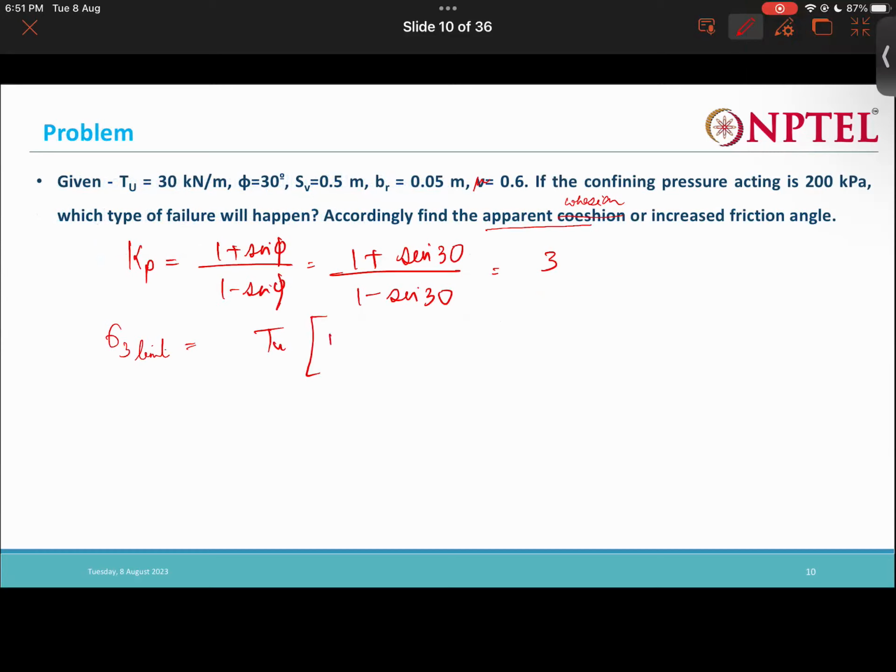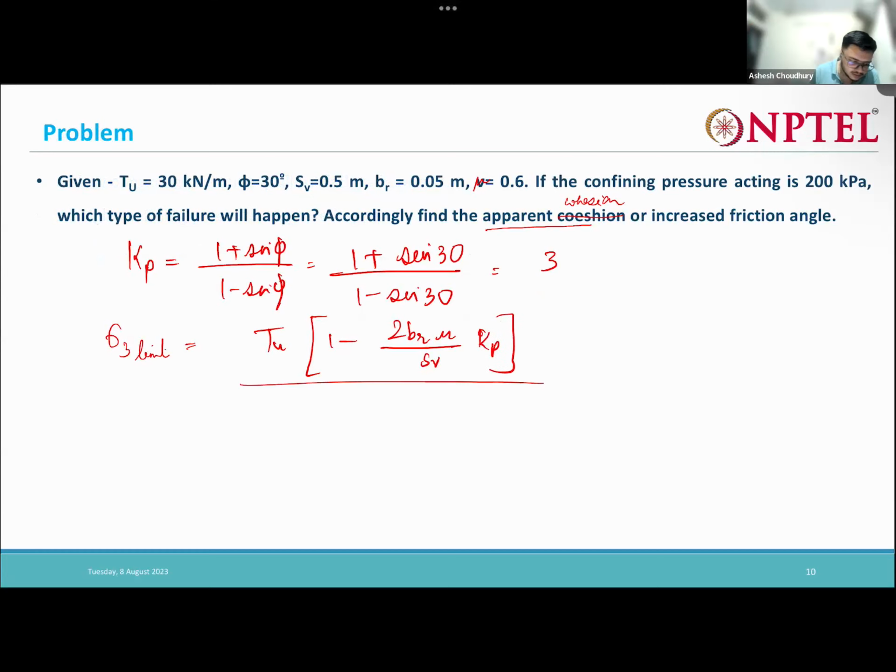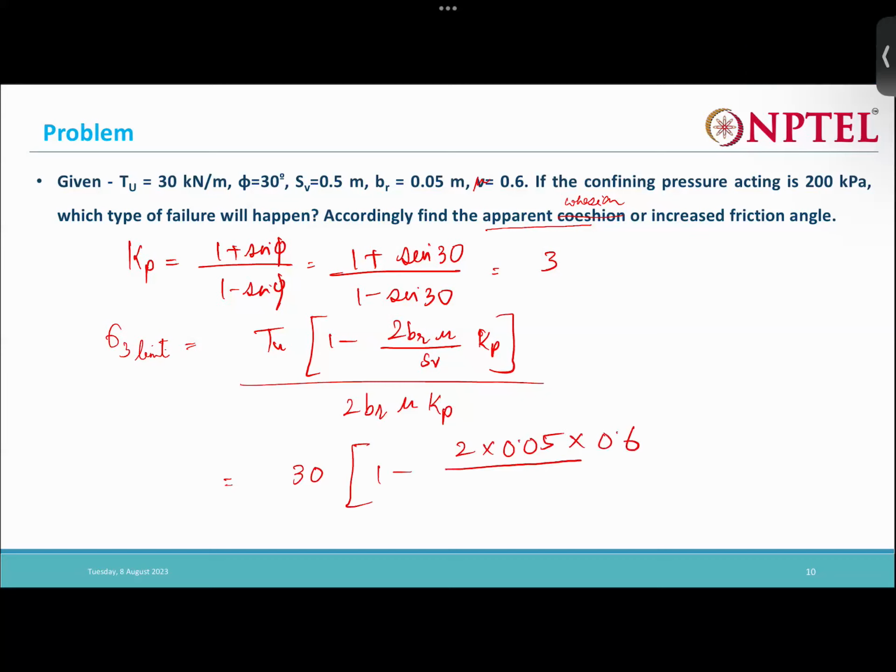Tu is 1 minus 2 by 2br negative. So we can find this out, right? Let us please find out. Please put all the values. 1 minus 5. So how much will this be?